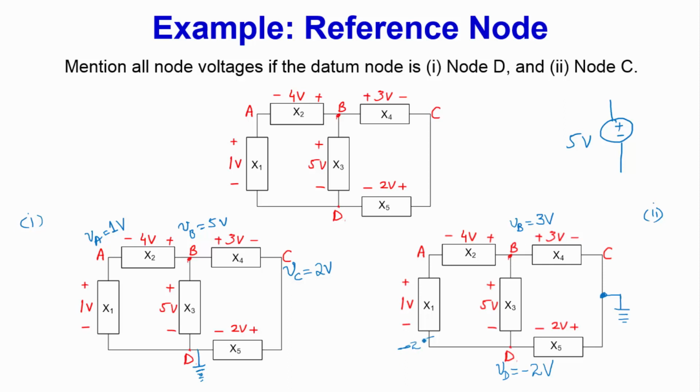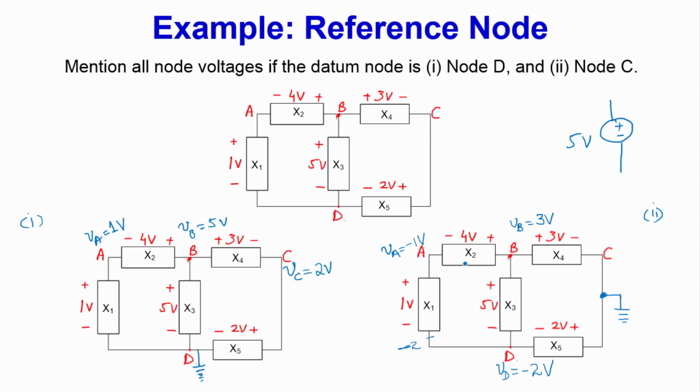Going from this point, node D, to node A, from minus 2 volts, I have to further add 1 volt to reach point A. So minus 2 volts plus 1 volt is minus 1 volt, which means the voltage at point A is going to be minus 1 volt.